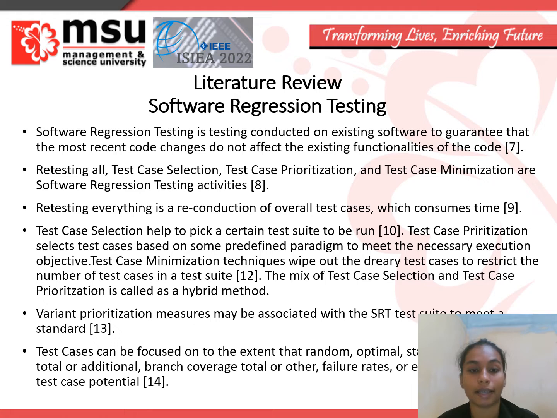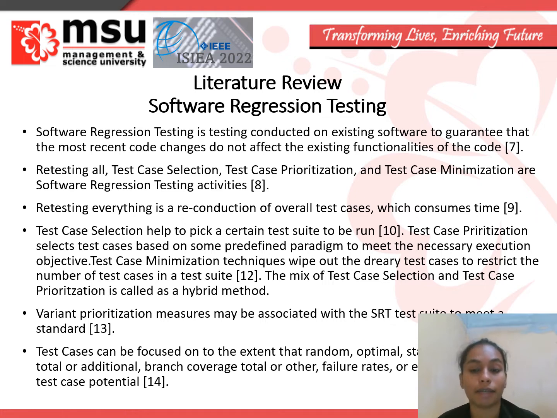Test case selection can help to pick a certain test suite to be run. Test case prioritization orders test cases based on some predefined criterion to meet the necessary execution objective. Test case minimization techniques eliminate redundant test cases to reduce the number of test cases in a test suite.